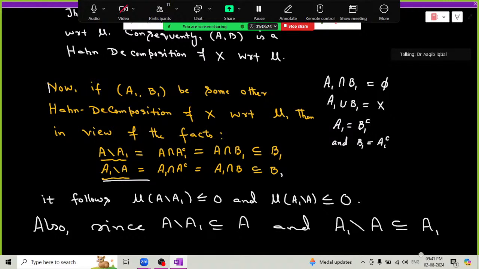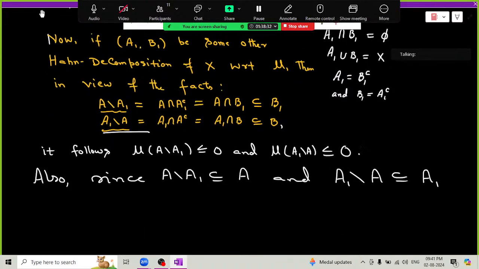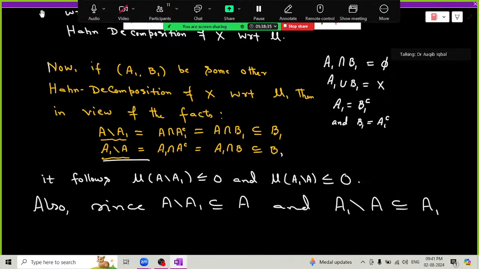A and A1 are positive sets. इससे पहले हमने ये इस्तेमाल किया था, B1 and B are negative sets, so these signed measures will be less or equal to 0. अब हम क्या देख रहे हैं? वही सेट, A minus A1 और A1 minus A. Now this time around हम इनको देख रहे हैं as portions of A and A1. A and A1 are positive sets, तो इनके जो signed measures हैं, they will be greater or equal to 0 also.